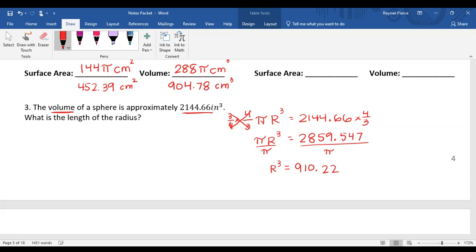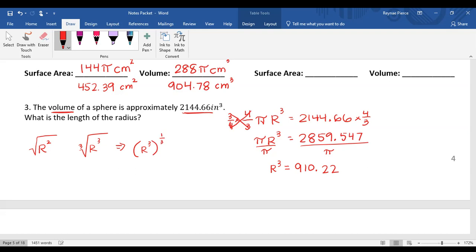10.22. Okay, now to undo a cube, if we had squared, we would do the square root to both sides. With a cube, we're actually going to find the cube root. Another way to think about that is to raise something to the 1/3 power.